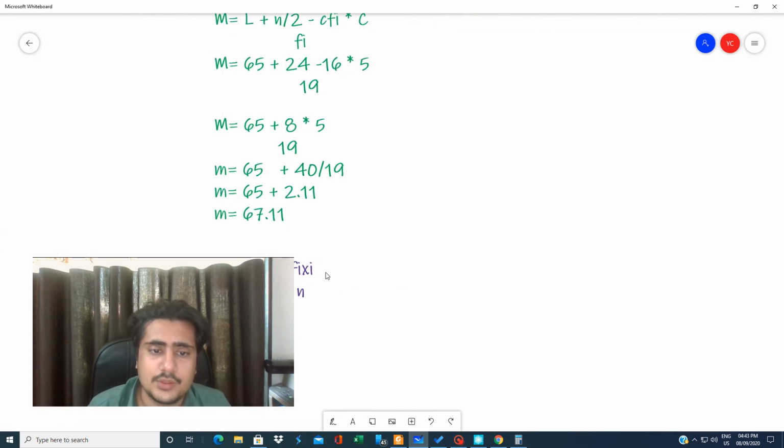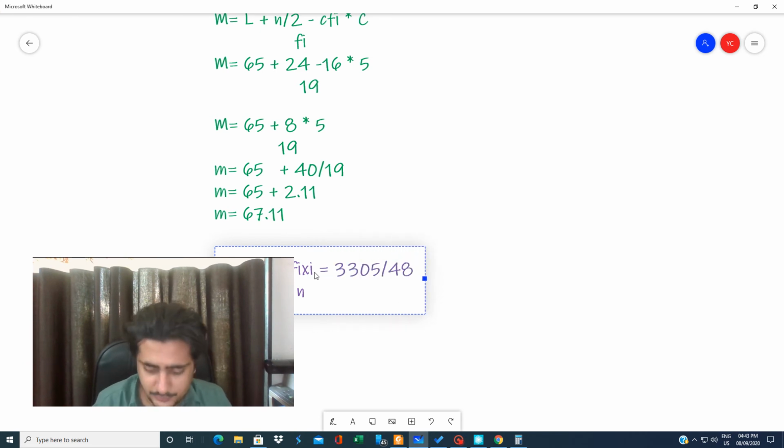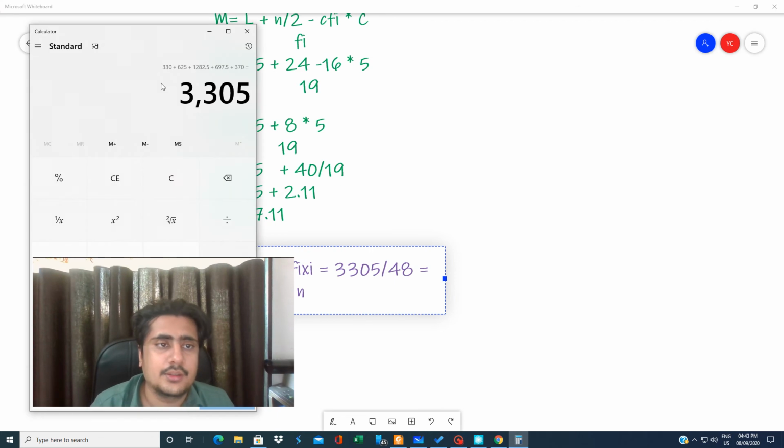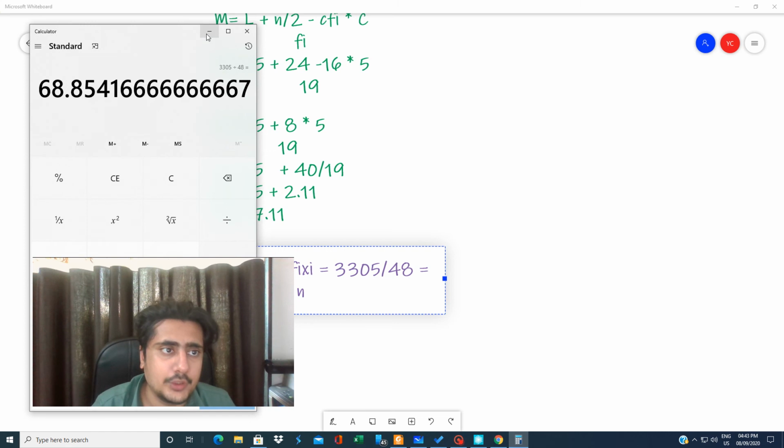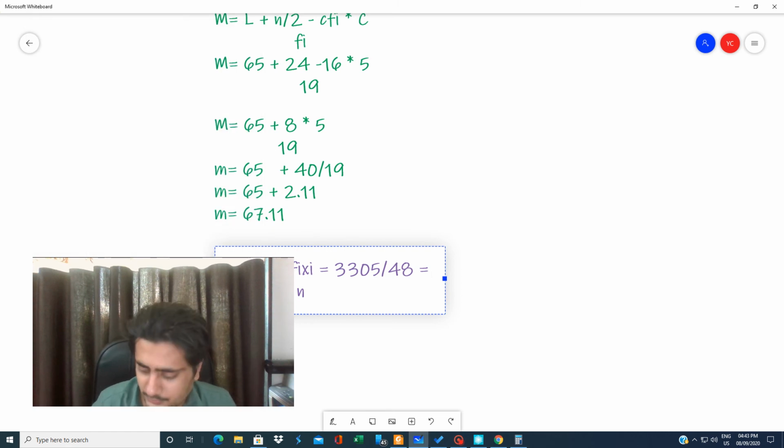So this is 3305 upon 48, which is equal to 68.85.